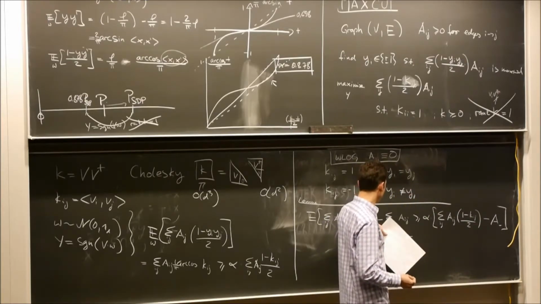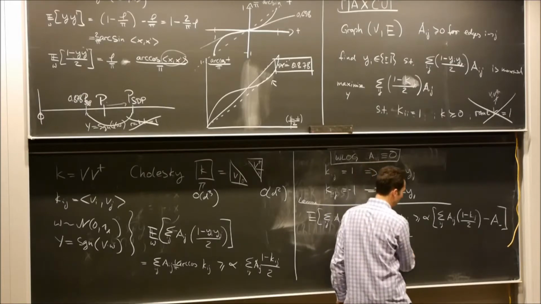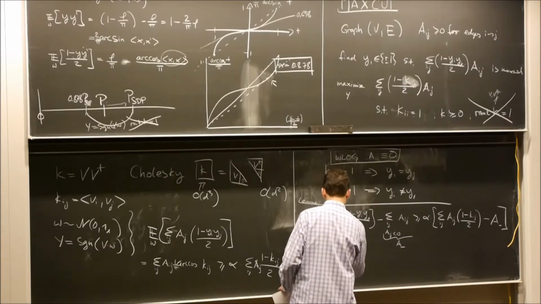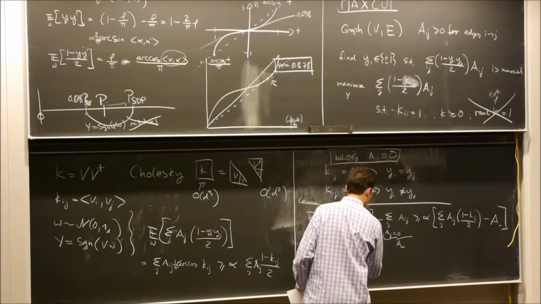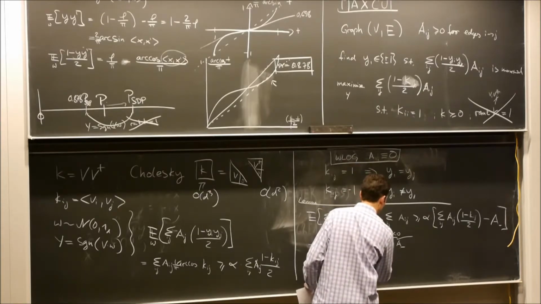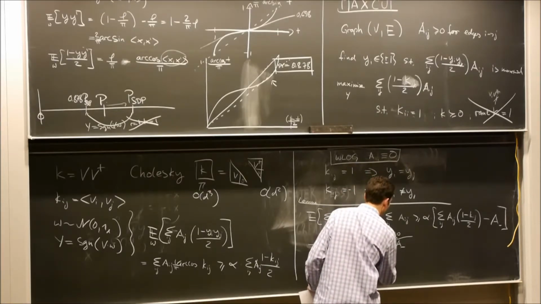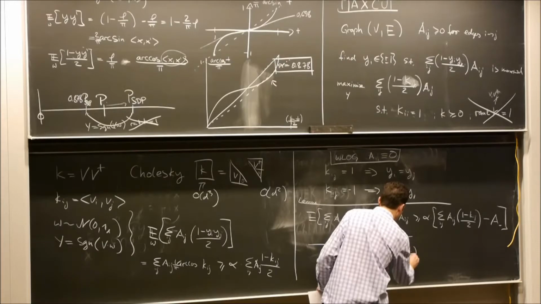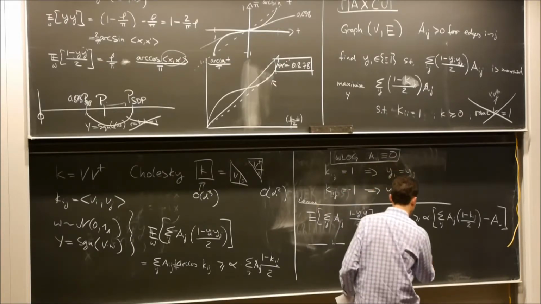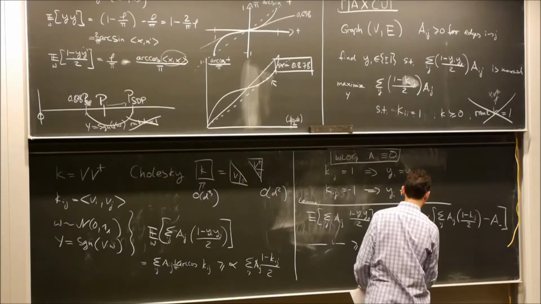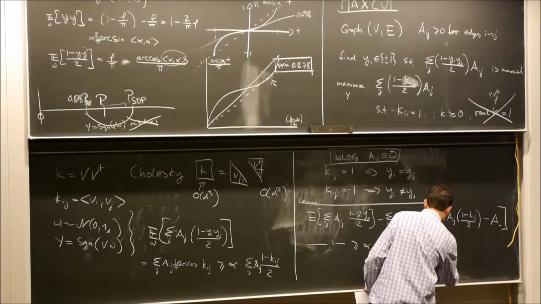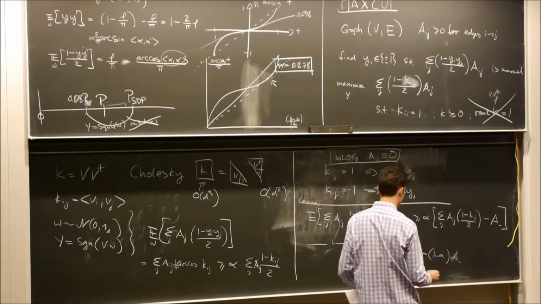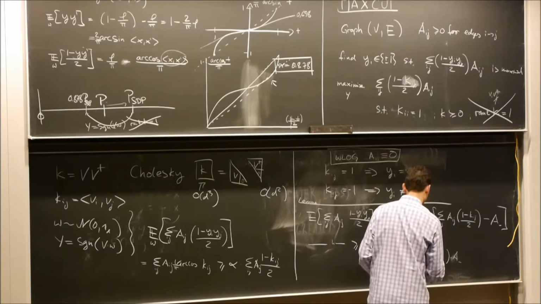Because obviously if I have this, I can move the a minus to the right-hand side. So this is equivalent to this being greater or equal than alpha times the sum over ij of aij (1 minus kij) over 2, plus (1 minus alpha) a minus. Sorry, plus. Yep.